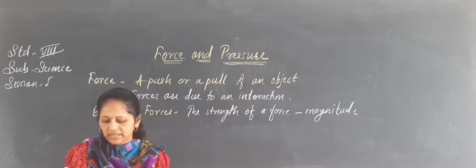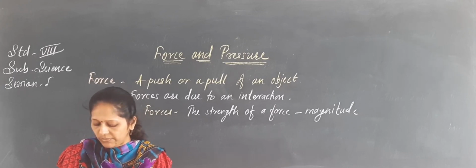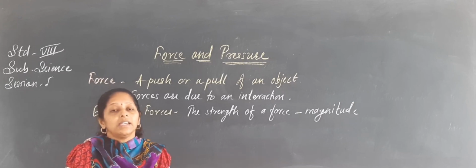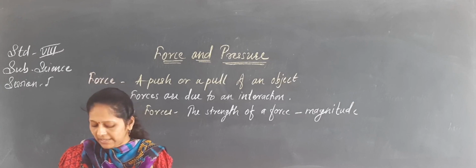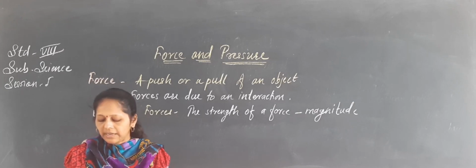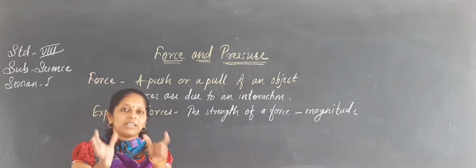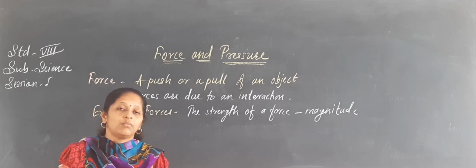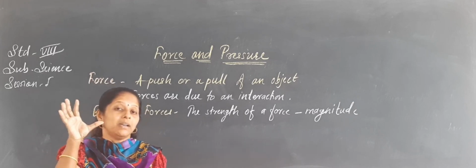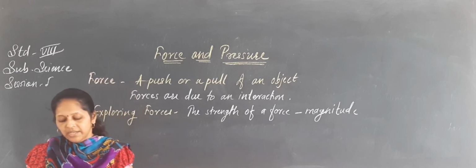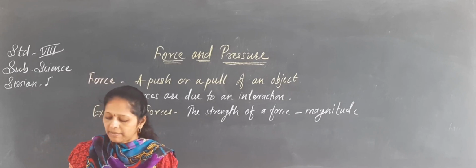A hockey player changes the direction of a moving ball with the flick of a stick. How do fielders stop a ball hit by a batsman? Fielders catch the ball and stop it. The speed of the ball is high, but the fielders catch it forcibly and stop the ball hit by the batsman.